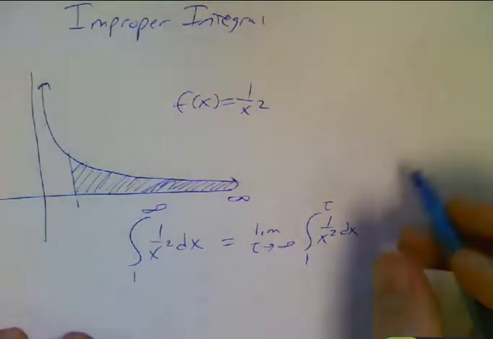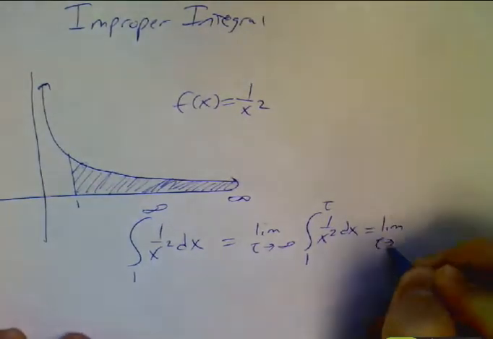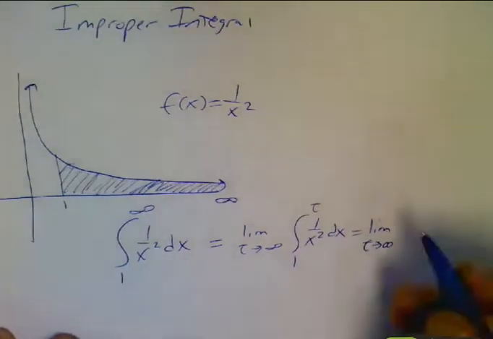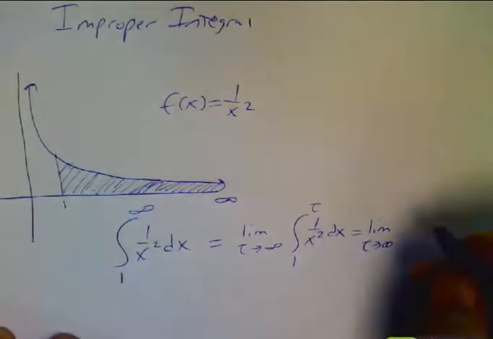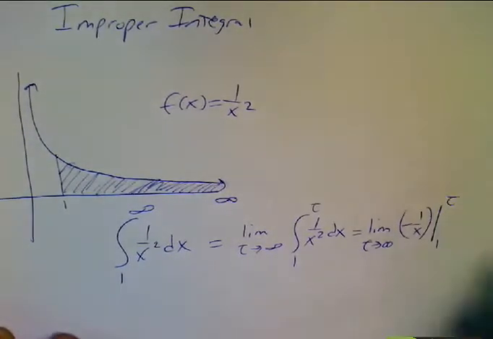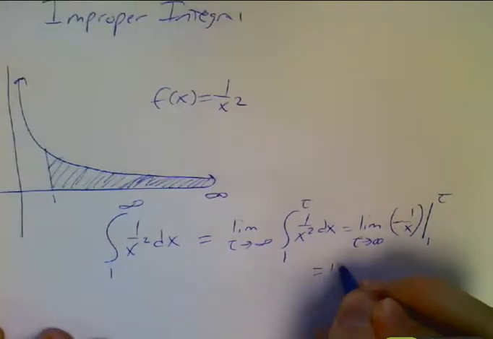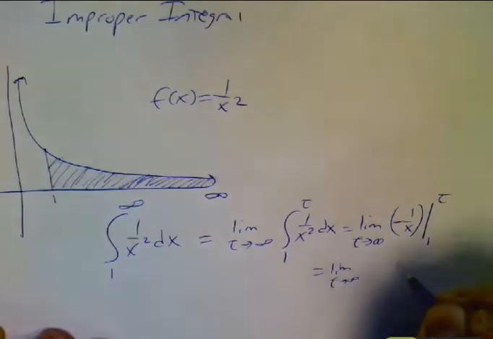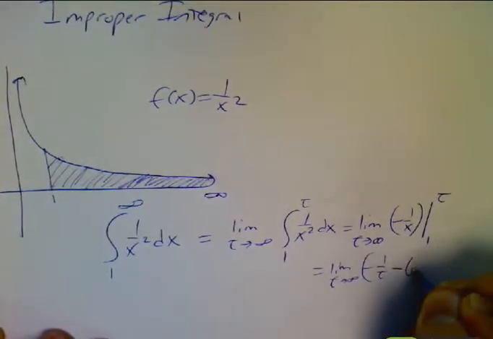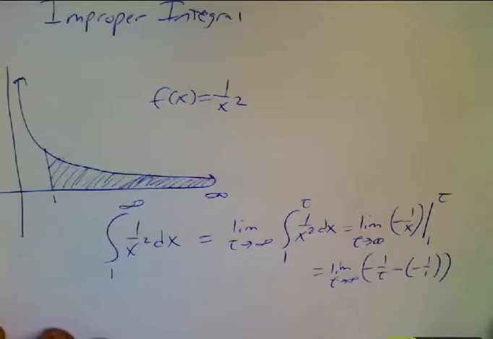So if I do this one correctly, it would be the limit as t goes to infinity of, let's see, 1 over x squared, that's x to the negative 2. So negative 1 over x evaluated from 1 to t. So this would be the limit as t goes to infinity of negative 1 over t minus negative 1 over 1, if I just write everything out.